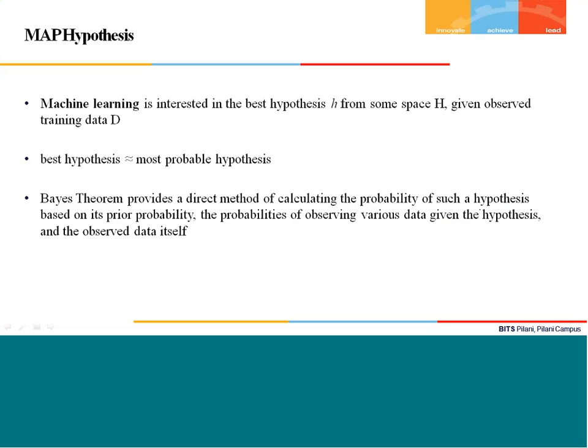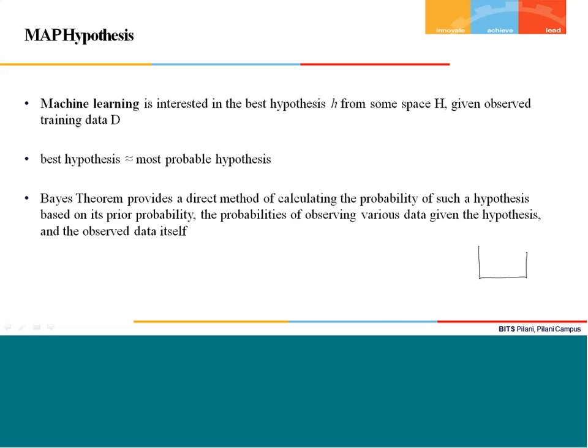Machine learning is interested in the best hypothesis h from some space capital H given observed training data. So, for example, I want to learn some function that can accurately describe the data.